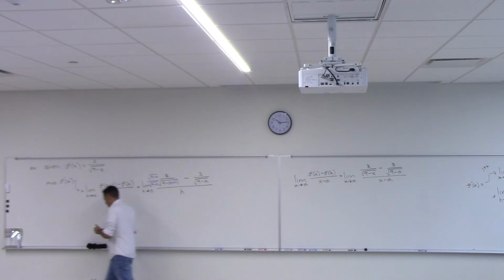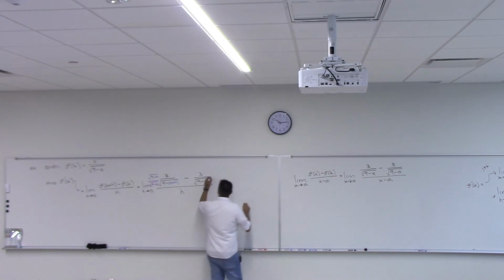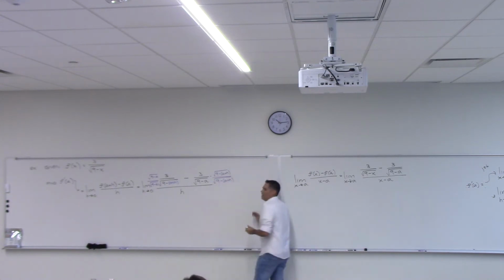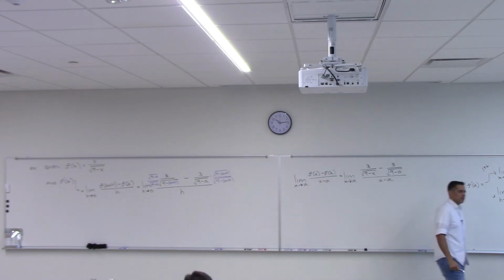I'm going to multiply top and bottom by that on the left one. And on the right one, I'm going to do root 9 minus a plus h. I know it looks terrible, just do it though. You don't have any other choice. Root 9 minus a plus h. Even though it looks bad, you have to do it. This is the algebra.